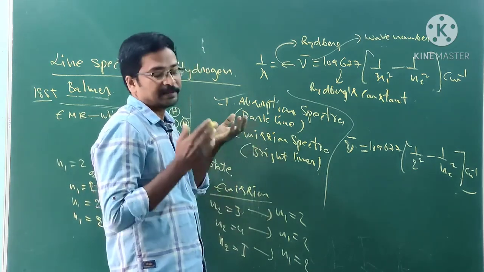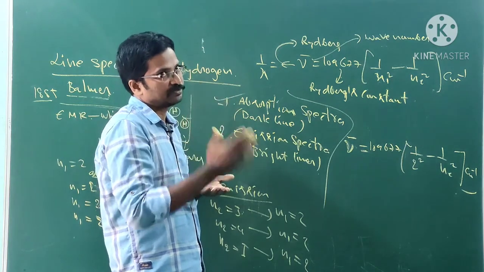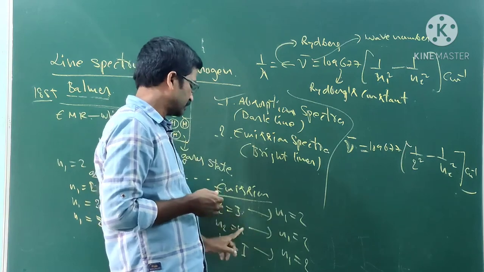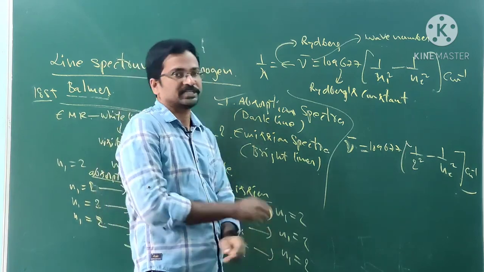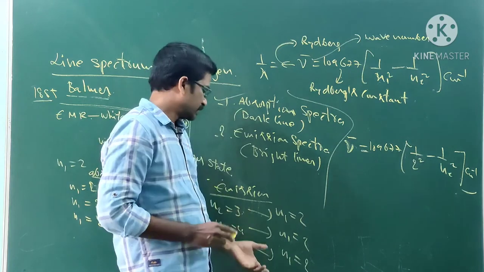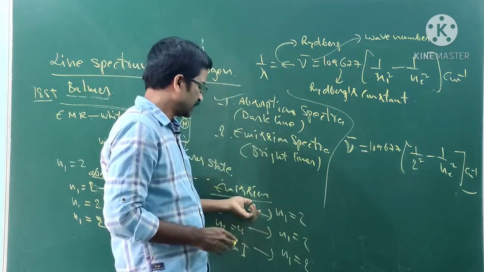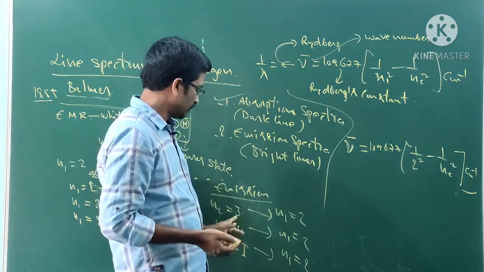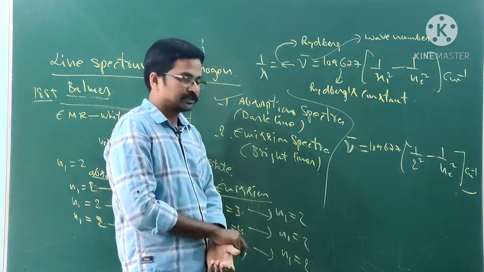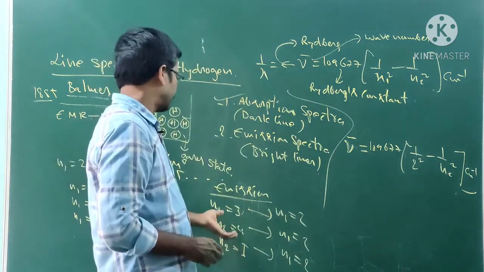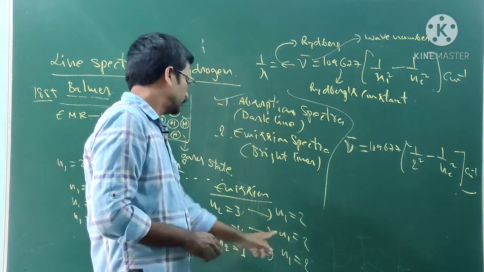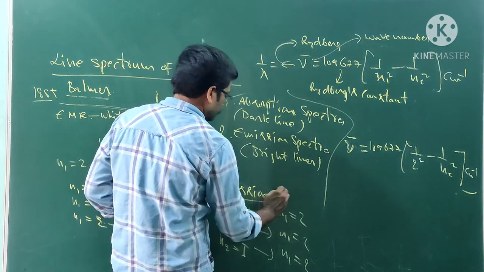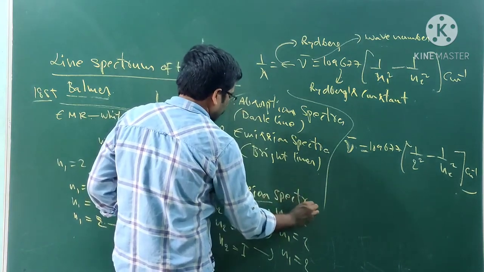Only an excited sample gives spectral lines in emission spectra. It gives bright lines, and it is known as emission spectra: 3 to 2, 4 to 2, 5 to 2.